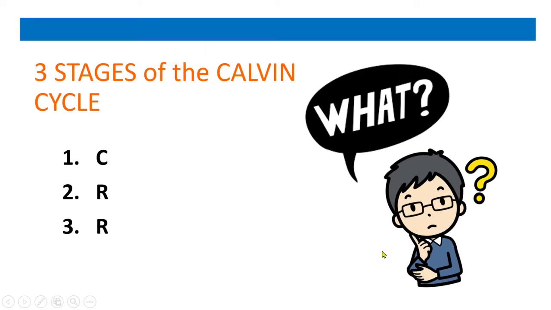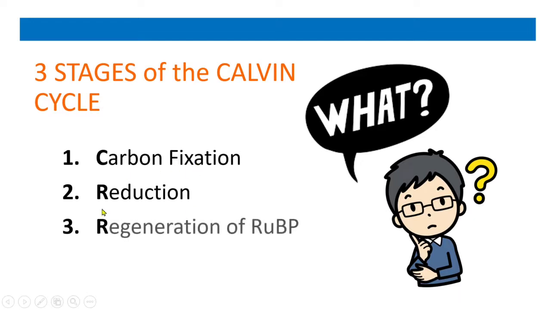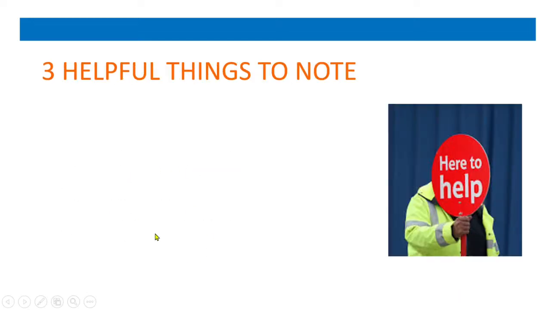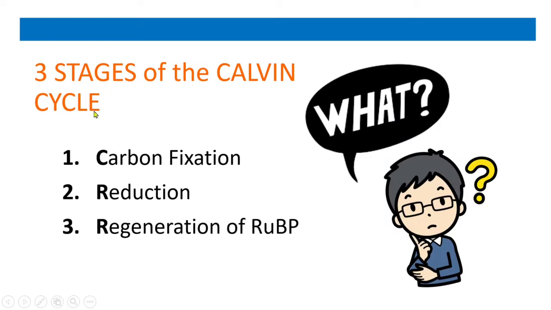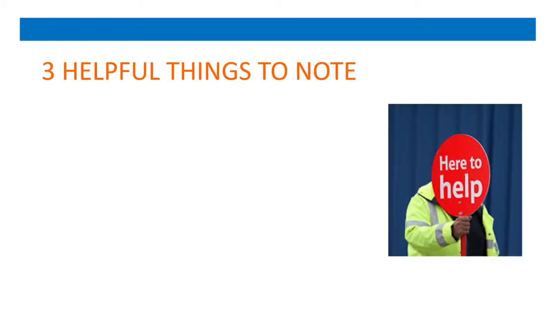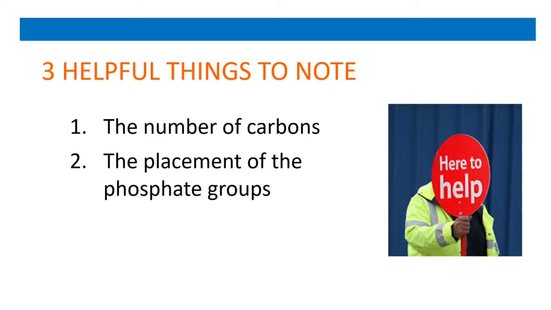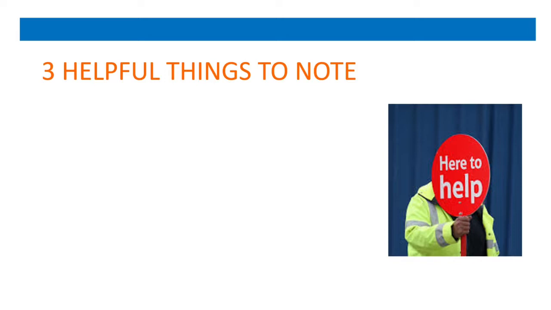First of all, we know that there are three stages of the Calvin cycle, CRR. First is carbon fixation, second is reduction, and the third is regeneration. So these are the three important stages of the Calvin cycle. In order for us to memorize and be familiar with the cycle, do take note of this important information. Number one, the number of carbons of the molecules.